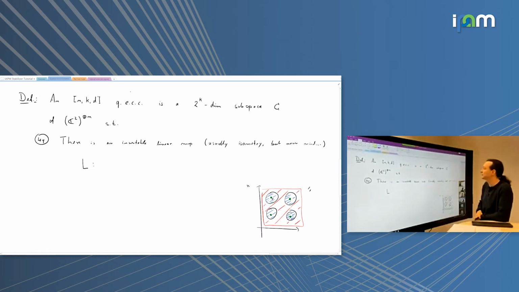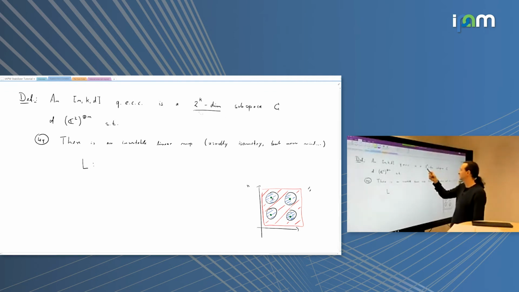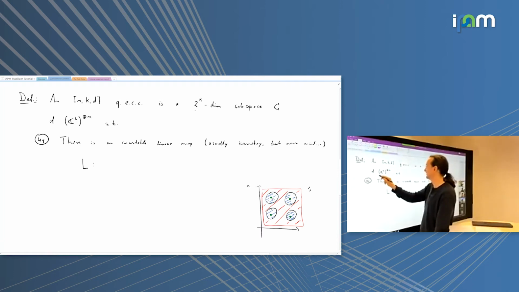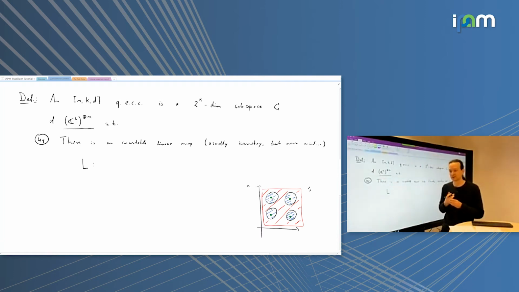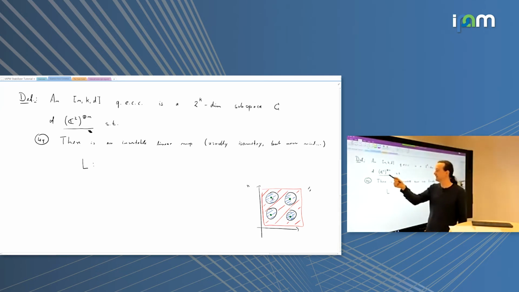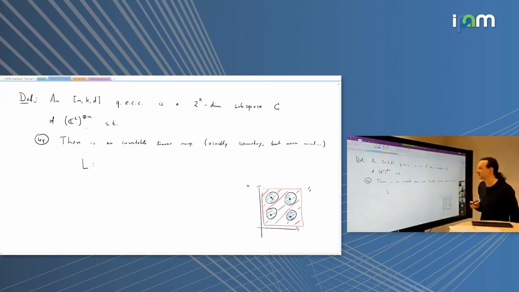It is a 2 to the k dimensional subspace C of C2 to the tensor n. 2 to the k dimension means I can embed C2 to the tensor k into that subspace, and this embedded subspace is going to be our code space. It lives in this big tensor product space, just as the code words for k bit messages live in n bit messages.